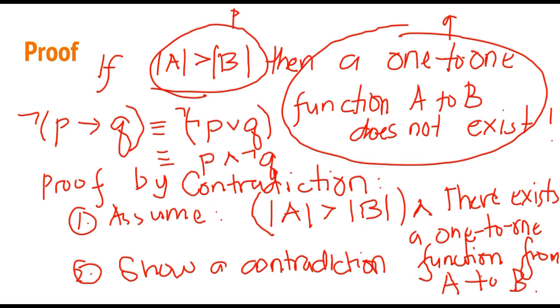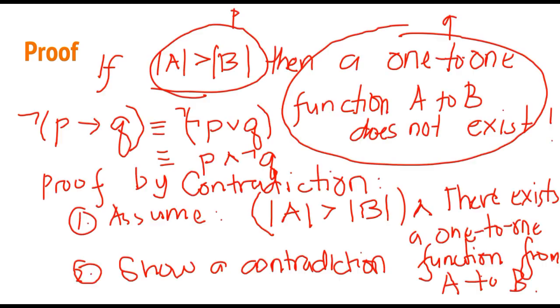So let's add more space there. For us to show a contradiction, we have to somehow manipulate this idea that there is a one-to-one function from A to B. So how do we play with this idea?